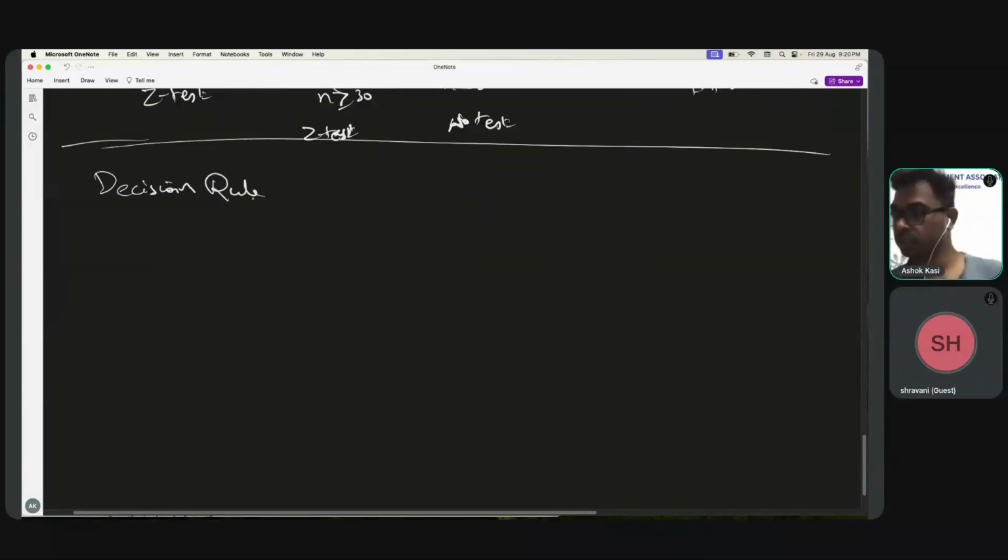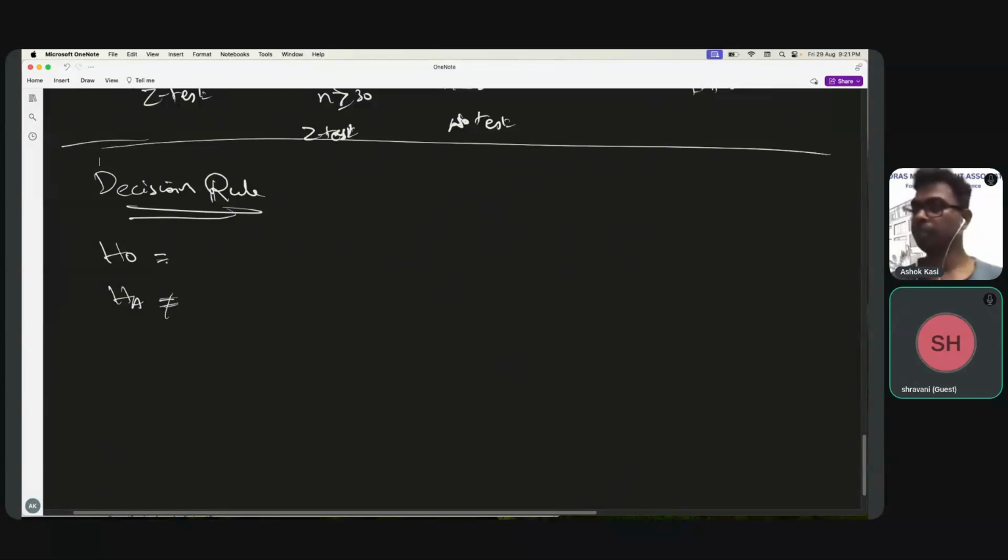What do you understand with null and alternative? Null is something we are trying to reject, and alternative is what we are trying to prove. Null is whatever is the claim in the market. Say for example, Parle-G packet has 100-gram biscuit. That is what the claim is.